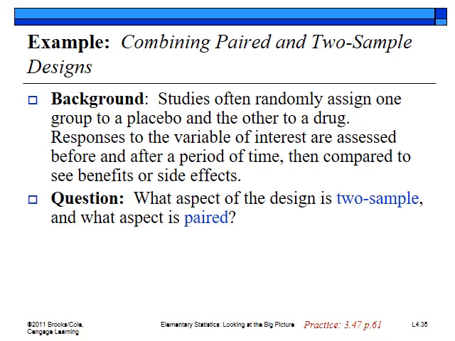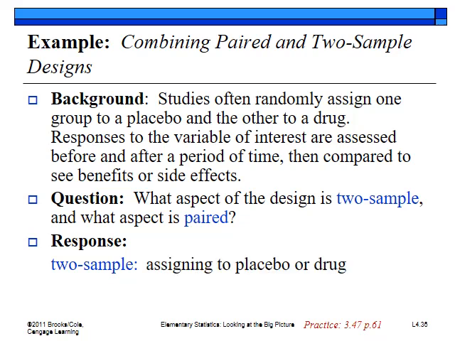What part of this is two-sample and what part of this is paired? The two-sample part is the assignment to two different groups, either placebo or drug. The paired design is the before and after, looking to see what the value of the variable was for each subject before the course of treatment and after.